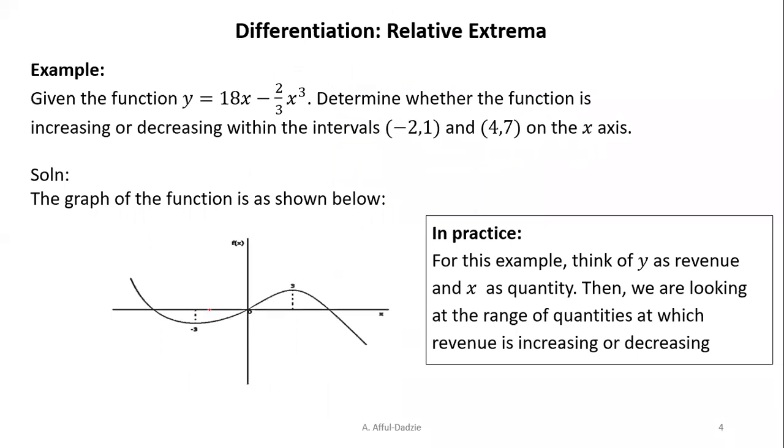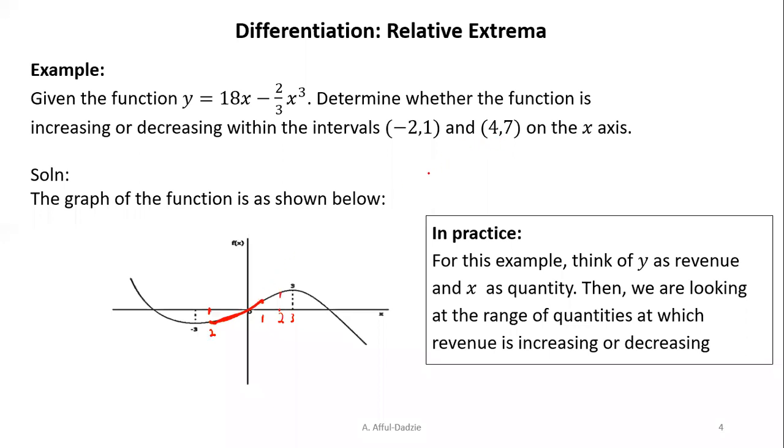So if we have, let's say, minus 2 here, and 1 here, and this is 2, and probably this is 3. Moving from minus 2 all the way to 1, you can easily see that the graph is increasing.